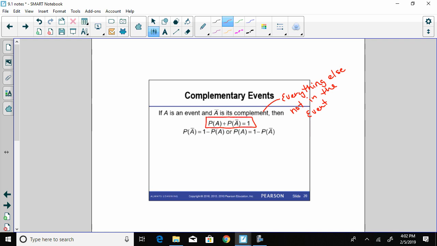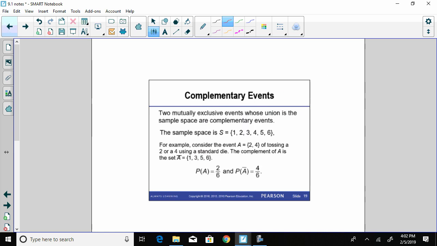Or if I give you 1 and say, hey, what's the probability of the other? You can always subtract it from 1. So if I'm like, hey, guys, I want the complement of A, right? You can always find it by taking 1 minus whatever that probability was. So going back a screen here, right? This is 2/6 or 1/3.